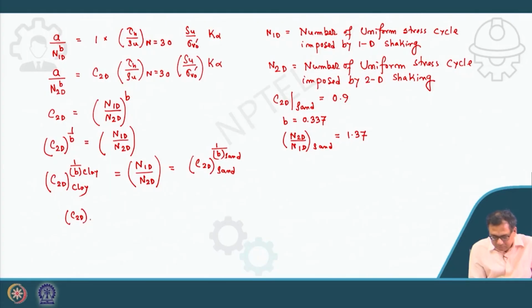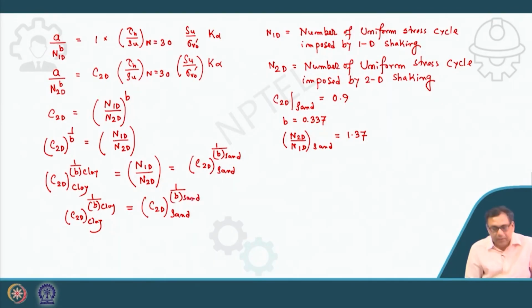Now if I equate sand and clay, it will be C2D for clay to the power 1 by B for clay, that will be equal to C2D for sand to the power 1 by B for sand. Clear?